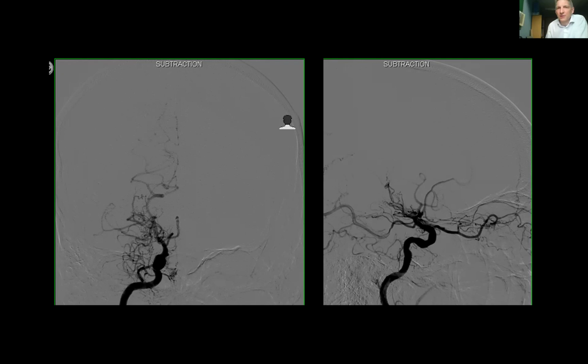So I think this is a right ICA DSA. It's a lateral view on the right and an AP view on the left. It looks like there isn't really much penetration of the contrast very far into the MCA.